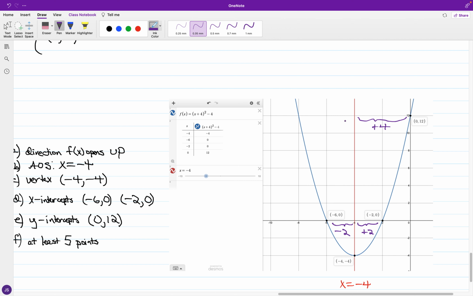And a possible fifth point that you can label will be level with the y-intercept. So if I were to go 4 places to the left, your y value is at 12, and 4 places to the left of -4 is going to land at -8.